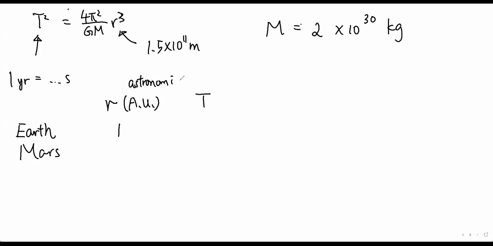That is 1.5 times 10 to the power 11 meter. They just convert this unit to 1 to make it simpler, it seems. The distance between the Earth and the Sun is 1 AU.